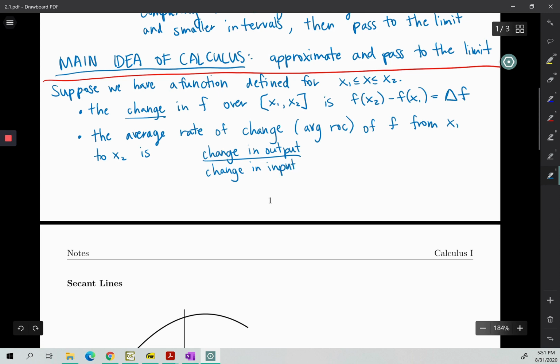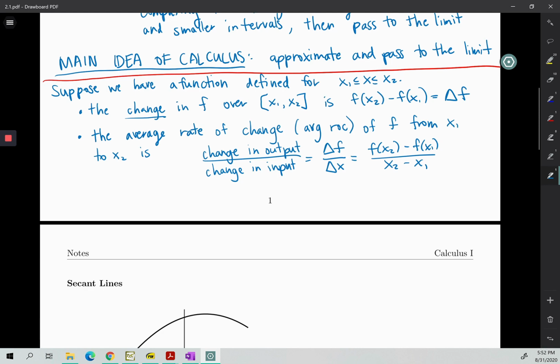In terms of this notation, that would be delta f over delta x, which is f of x2 minus f of x1 over x2 minus x1.